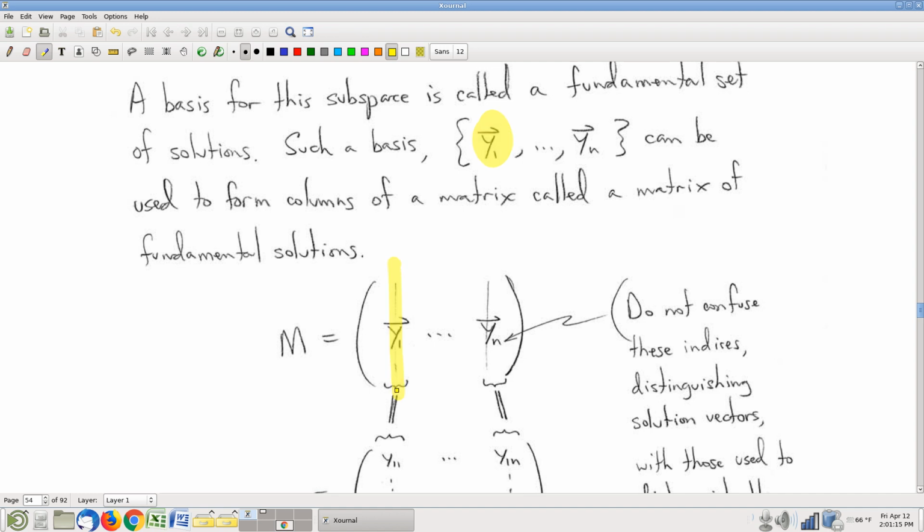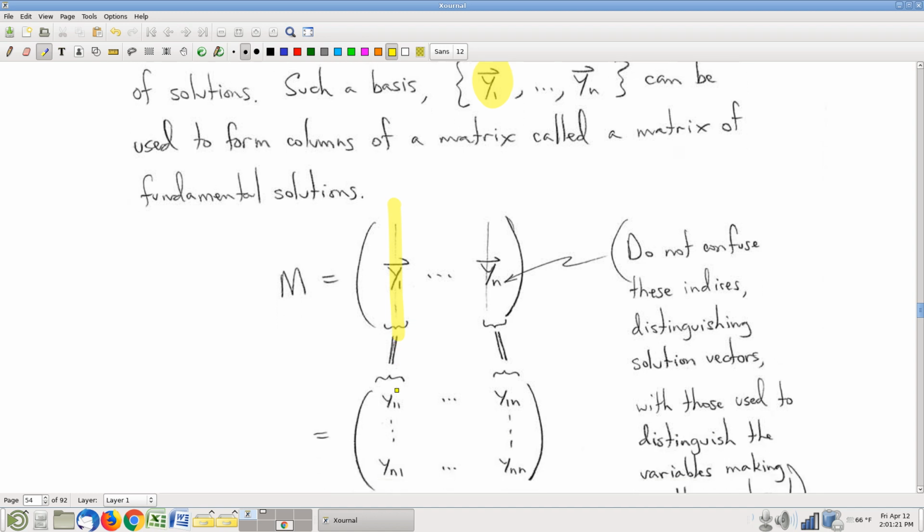A solution is a list of functions y1 through yn. So if I have a bunch of those solutions, each one individually is a vector. I can then assemble those vectors and make a matrix of functions like this. Be real careful, please, on the indices. It's really easy to get this wrong.